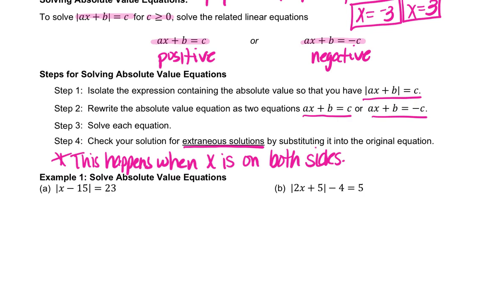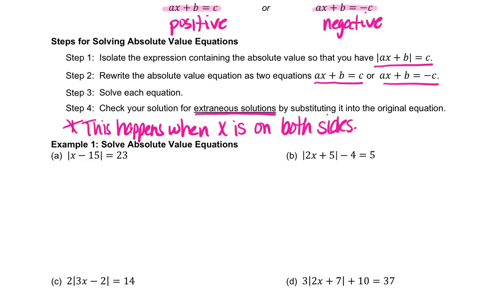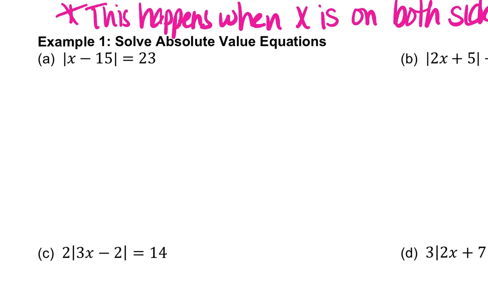So let's start off with a very simple form. We are already in the form that we need to be: ax plus or minus b equals c. So you're going to take the positive. So you have x minus 15 equals positive 23. And then you're going to have x minus 15 equals negative 23.